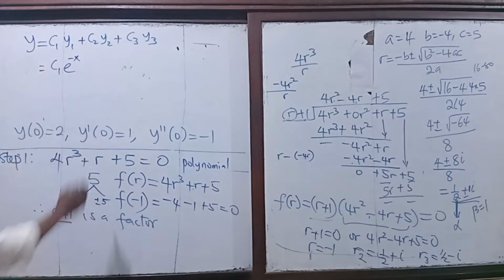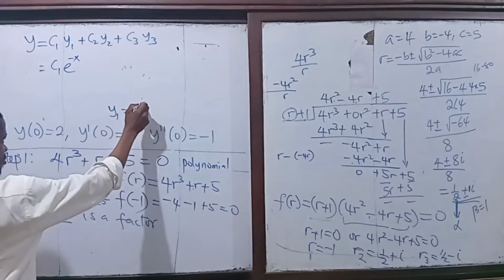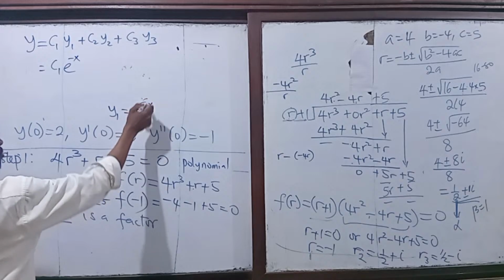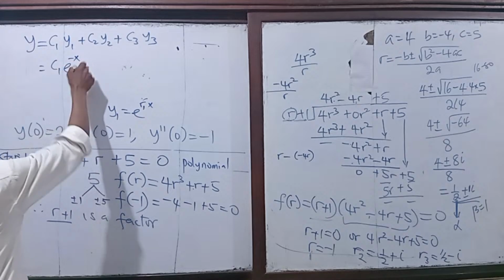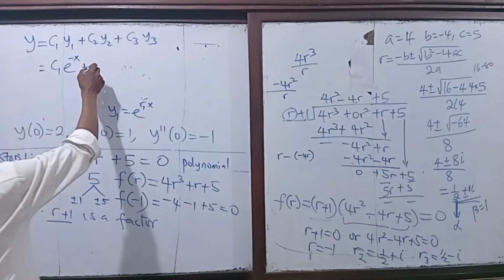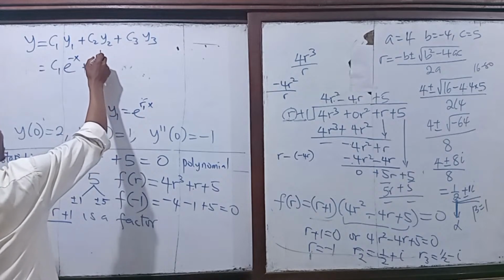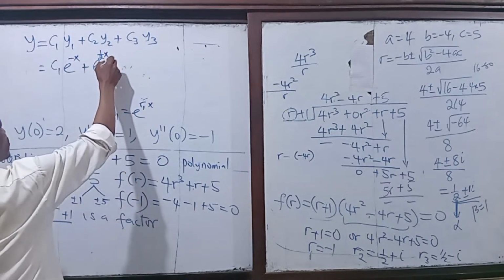Don't forget, my y1 is equal to e to the power r1 x, and my r1 is minus 1. Plus c2: we have the real part, so that will be e to the power of the real part, the alpha x, and then cos beta x.